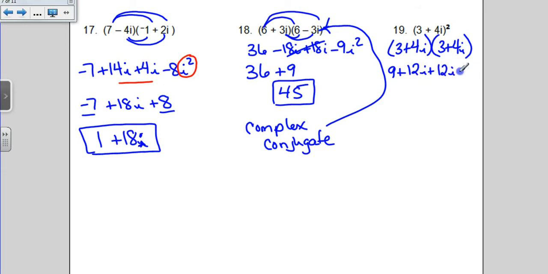And then 4i times 4i is a plus 16i squared. So when I change out the i squared and I start combining like terms, I get 9 plus 24i minus a 16. And combining like terms one last time gives me a negative 7 plus 24i.